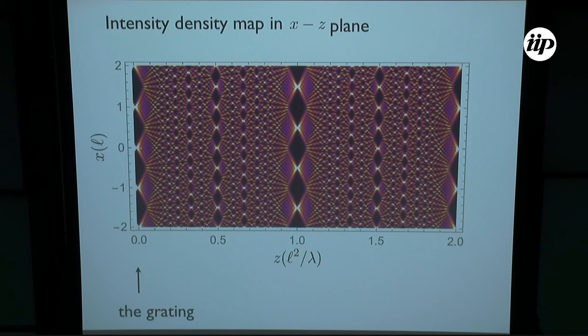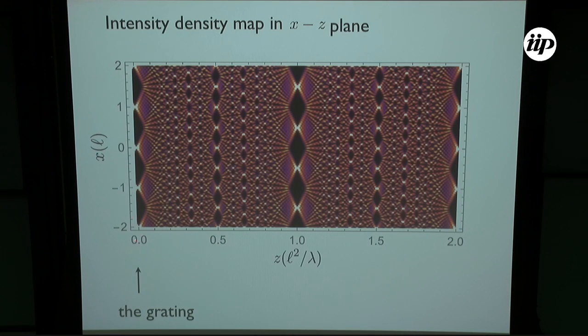The grating is here. At this position, L is the separation between the slits, and you will see, at least if you program it, something like this, but it is not difficult to actually see this in the lab. What is going to be important for us are these bright points, which represent constructive interference, but with a different characteristic than we observe in the far field.